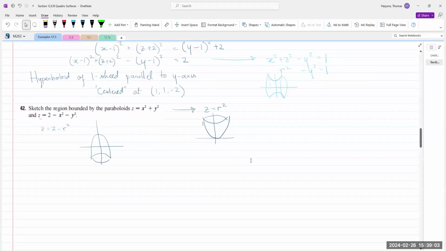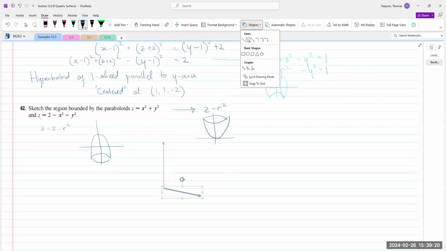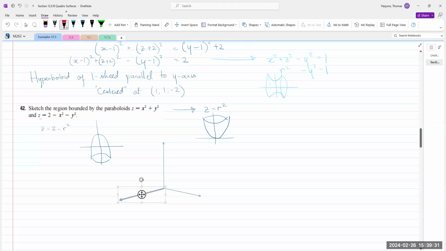Let's see. So in 3 dimensions, no, there's no one. So we have a parabola with this one here. Oh, too small.